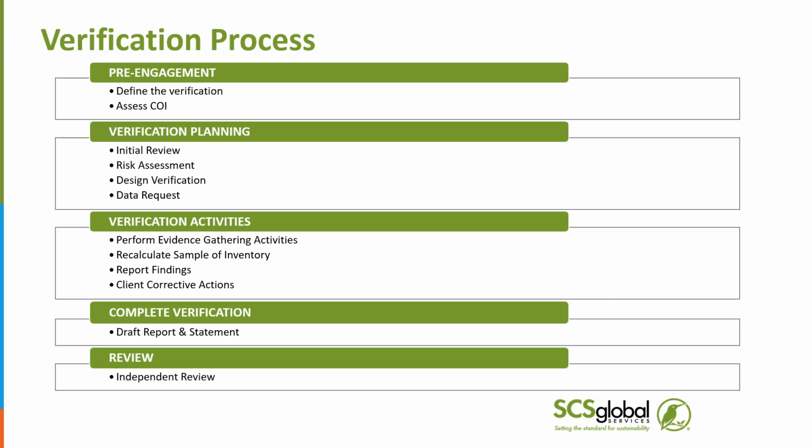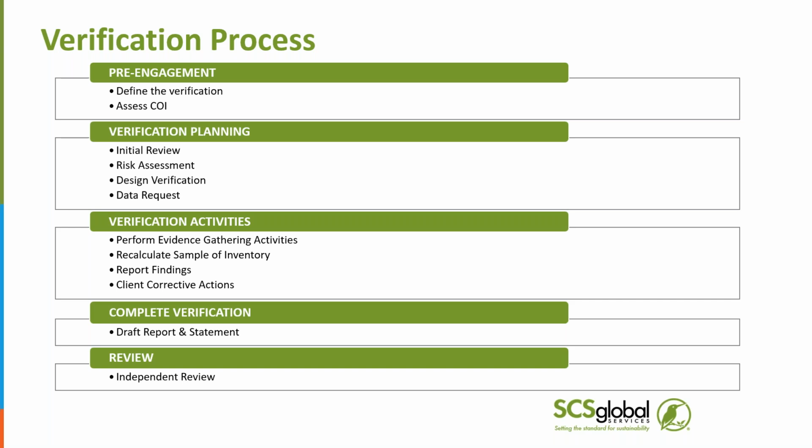Now, sometimes we will find errors that result in us coming up with a different number. If that number is deemed to be what is called material, which means that it's plus or minus 5% causing an error in your inventory number, we will report those as corrective actions back to you, the client, and you will have the opportunity to dig in and fix those errors.